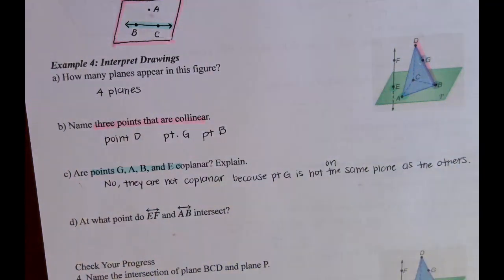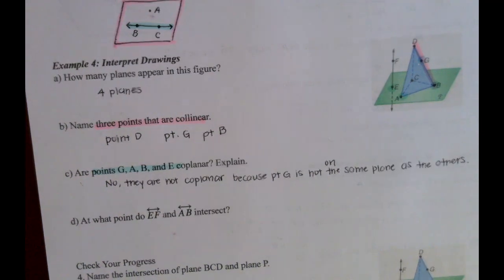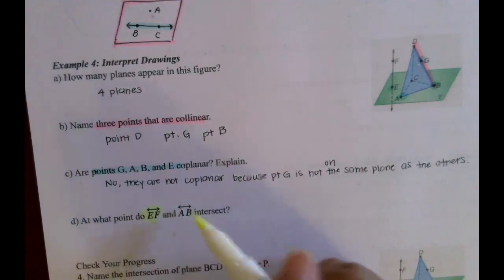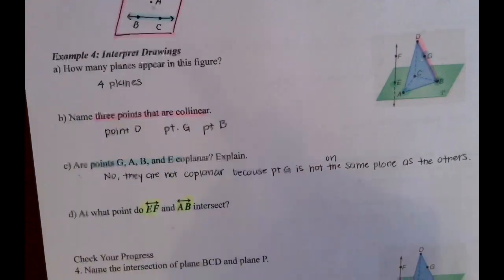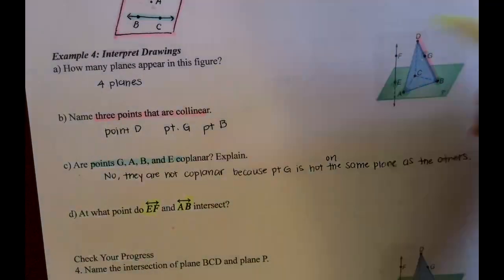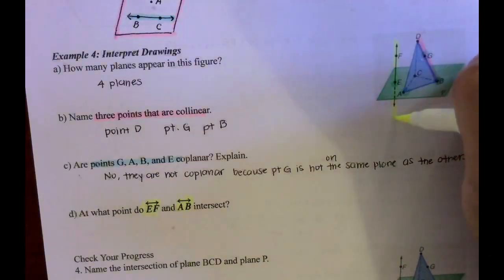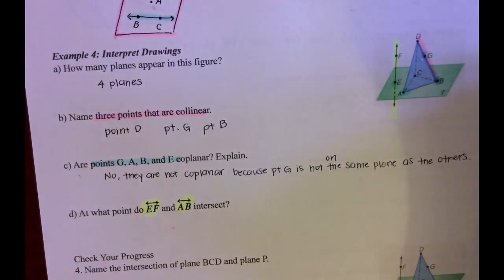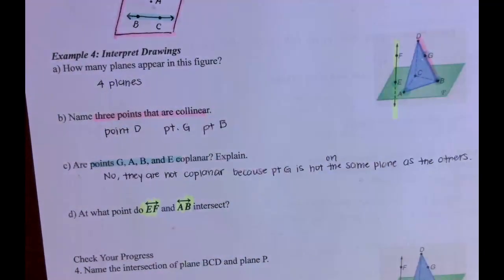And then last is, at what point do line EF and AB intersect? We want to see where they touch or cross each other. Line EF is here. Line AB is here.